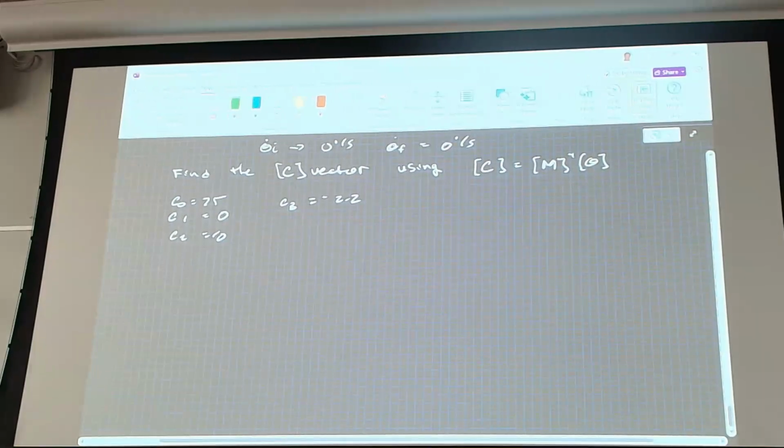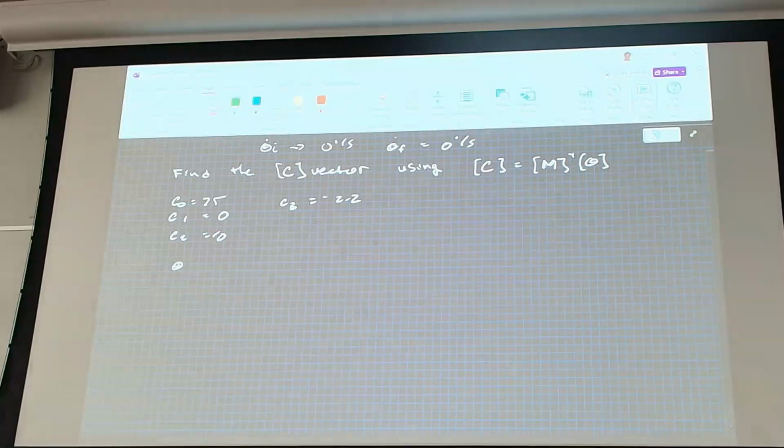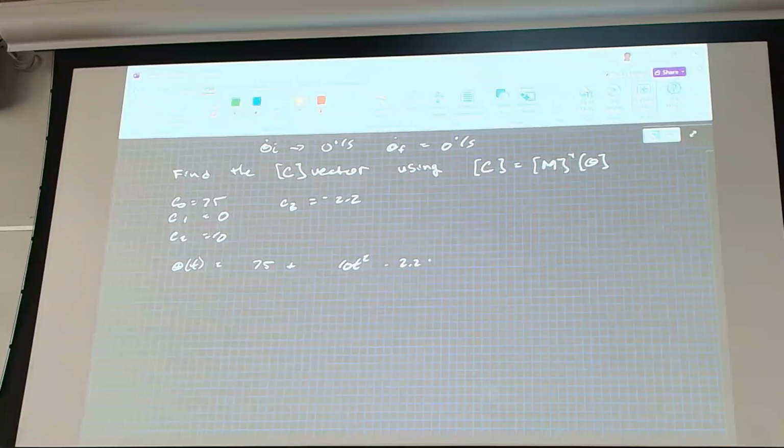So what that really means is my equation now is going to be defined as theta of t is going to be 75 plus 10t squared minus 2.2t cubed.